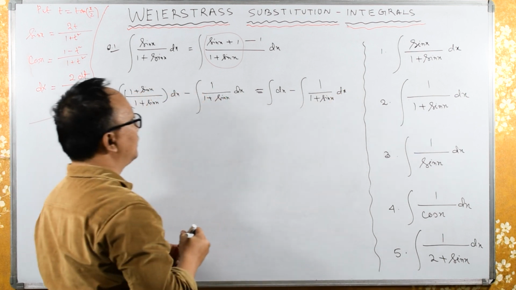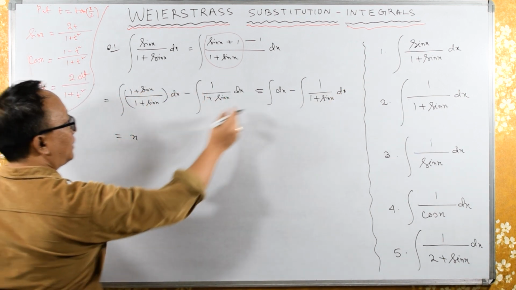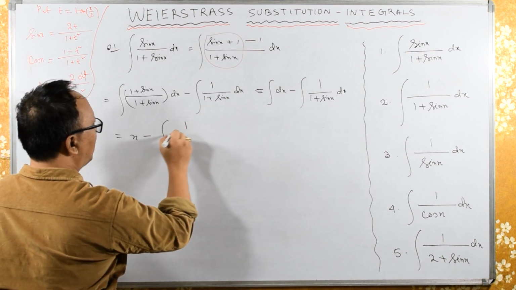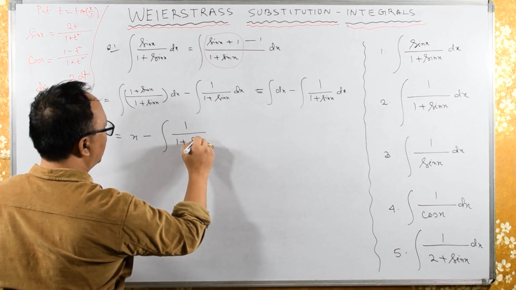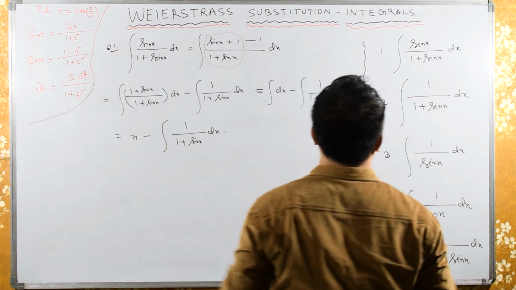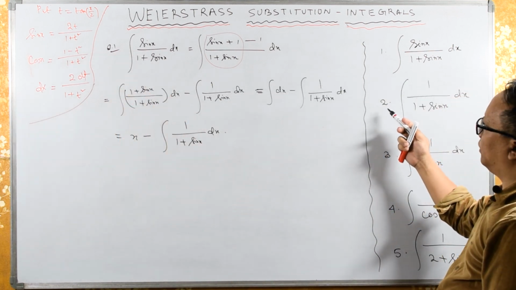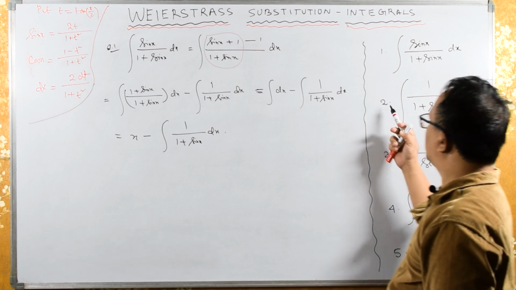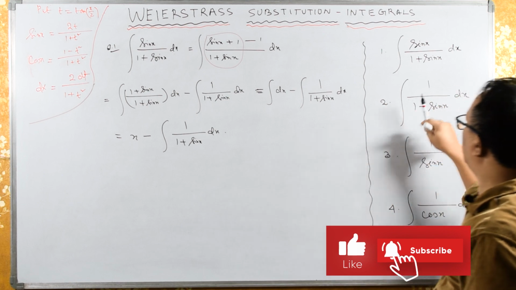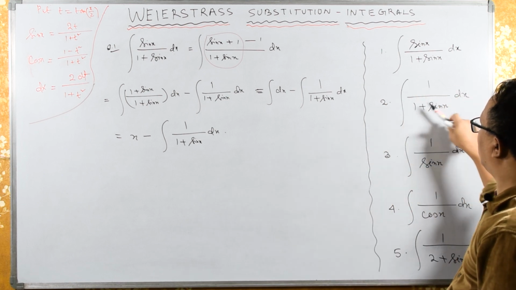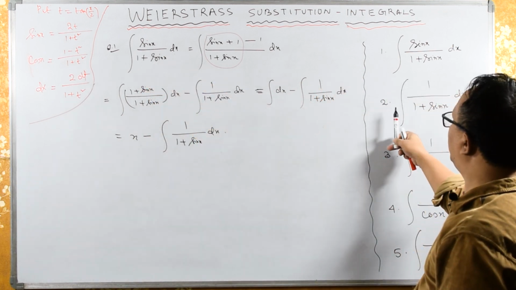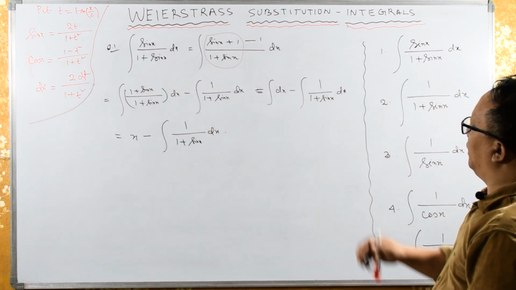Now this gets cancelled. We have the integral of dx minus the integral of 1 upon 1 plus sin x dx, which is x minus the integral of 1 upon 1 plus sin x dx. Solving question number 1 is somehow the same process as question number 2, since both have the integral of 1 upon 1 plus sin x. We only have an extra x for question number 1. Now let's solve this.